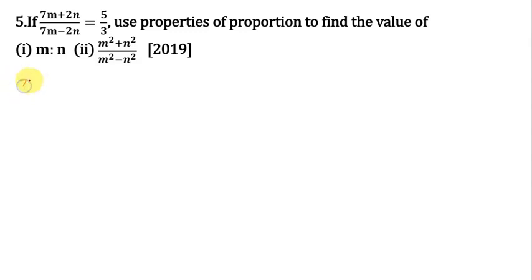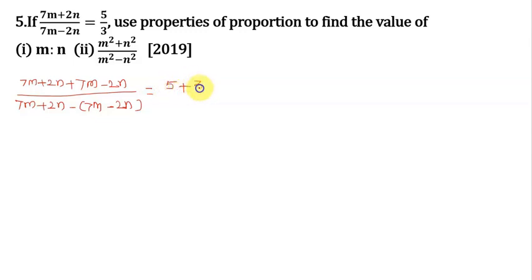By applying the componendo and dividendo, 7m plus 2n plus 7m minus 2n, this whole divided by 7m plus 2n minus in bracket 7m minus 2n, and that's equal to 5 plus 3 upon 5 minus 3.